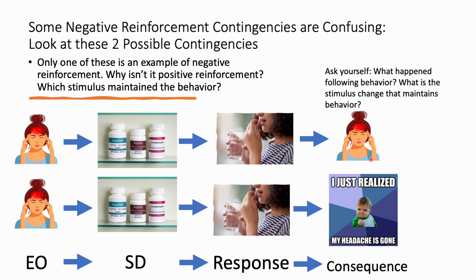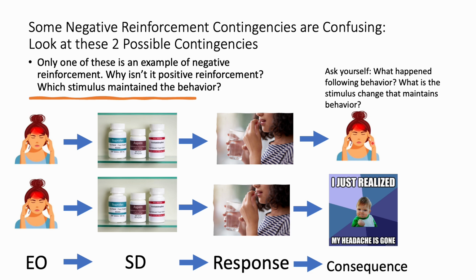It doesn't help me to get rid of the pain. Instead, I do take the prescribed medication because it does function to reduce the headache or the migraine that I experience. Okay, so in this particular example, it's the removal of the pain that functions as a reinforcer for taking the prescribed medication.